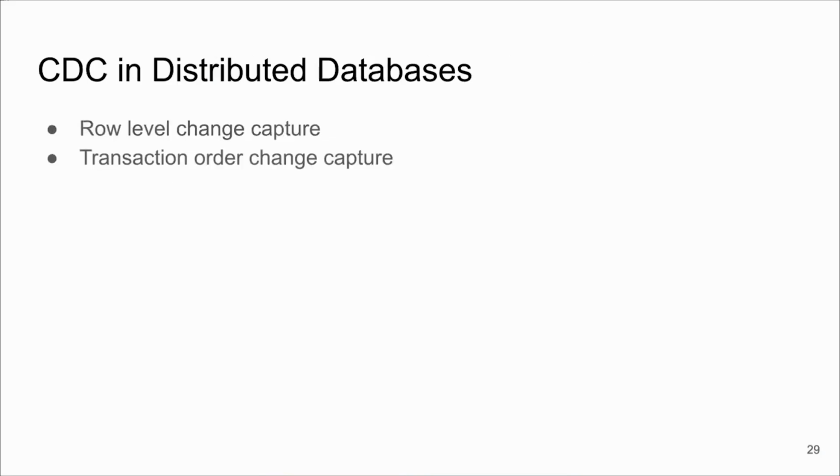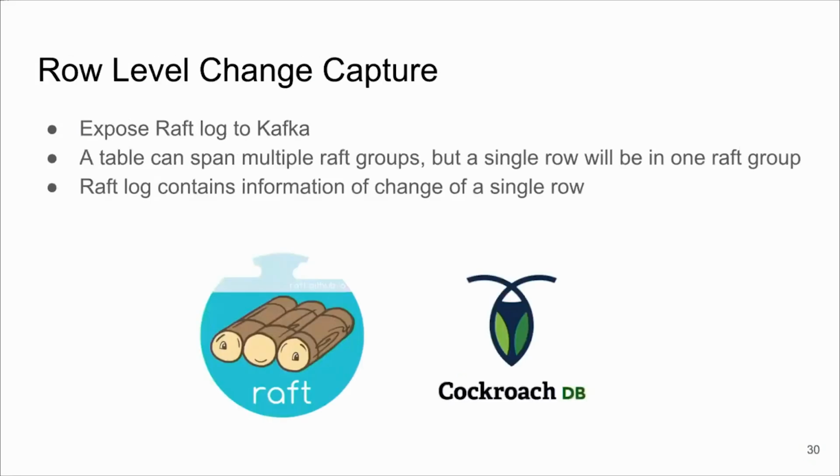So there are two ways to do this. The first one, the easy one, is to do row-level changes. The second one, which is challenging, is that you need a transaction-ordered change feed. First of all, both CockroachDB and TiDB use Raft to do replication, which means that for each region, they have a Raft log, and this Raft log records all the changes to the data stored in this region.